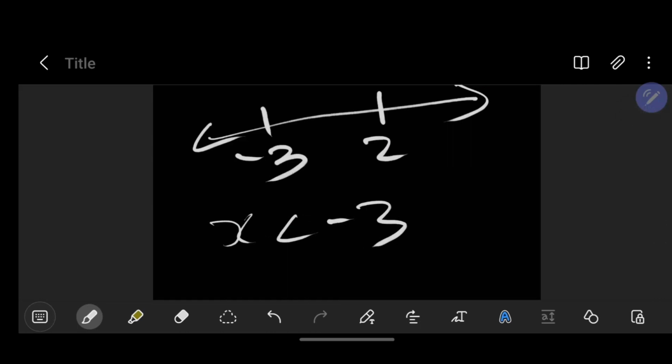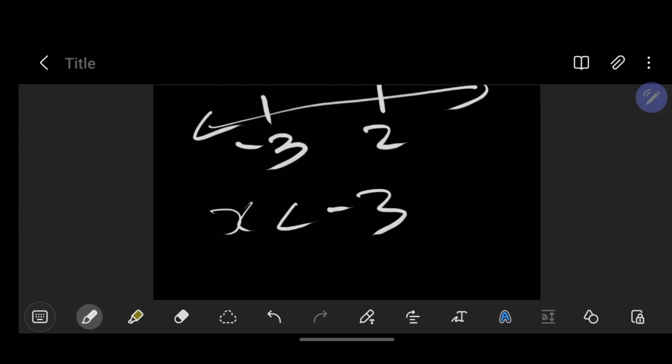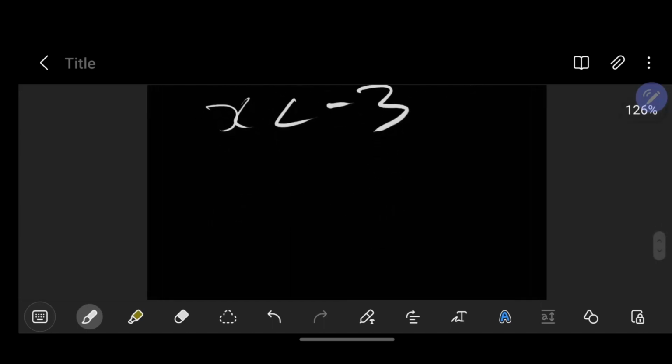In order to do this, we need to place in a value that is less than minus 3. So the next whole number that we can use is -4. So let's say x here is equal to negative 4.